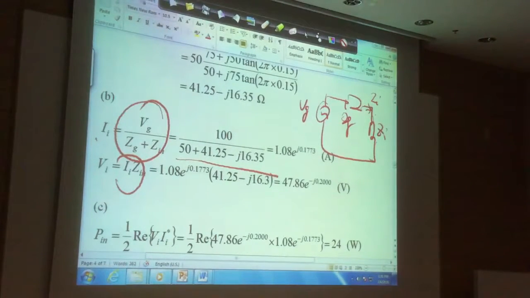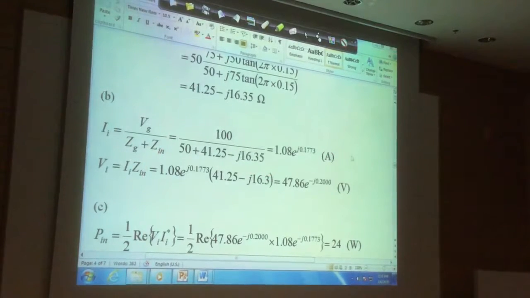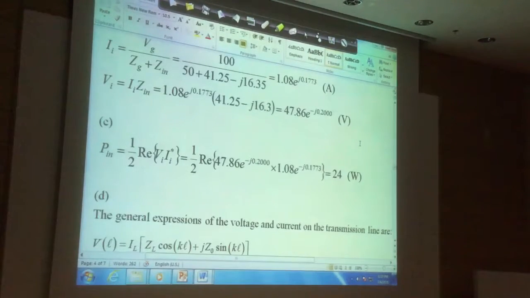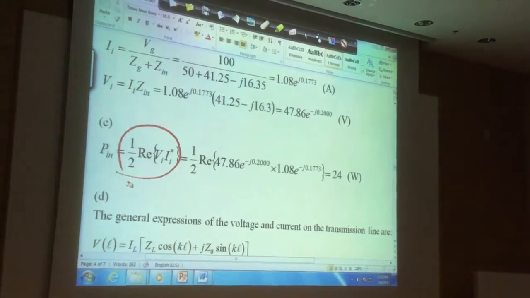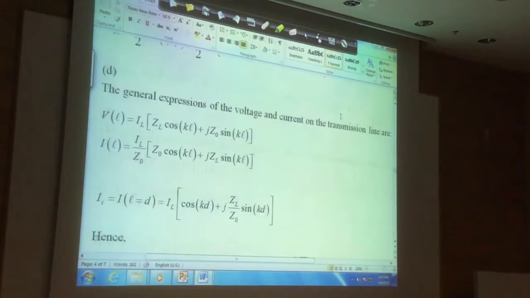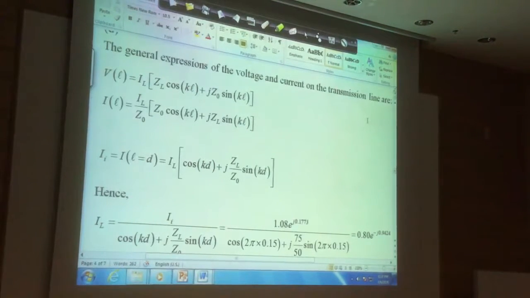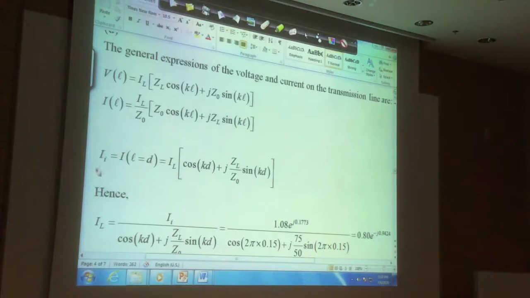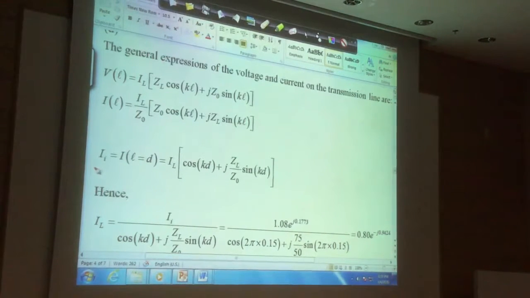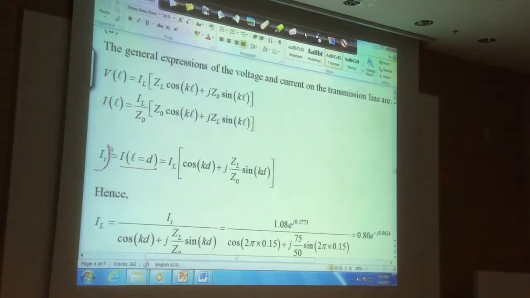Then input power also is very straightforward, right? Input power. Okay. Again, verify by yourself. Then the general expression is also important, since we have this expression at any location, then at the generator side, actually at the generator is II, right?